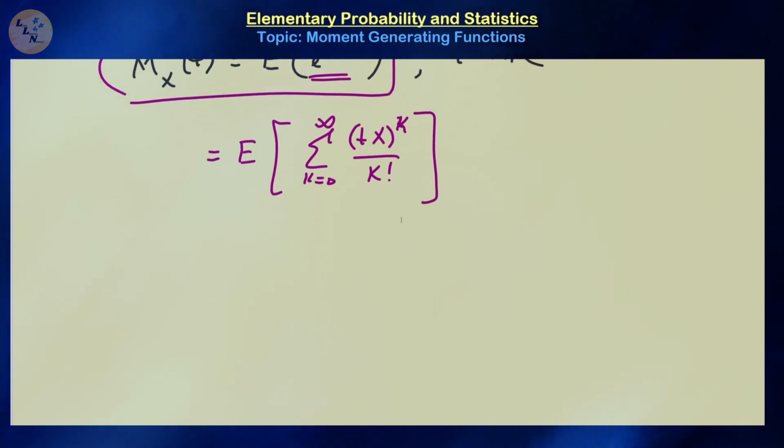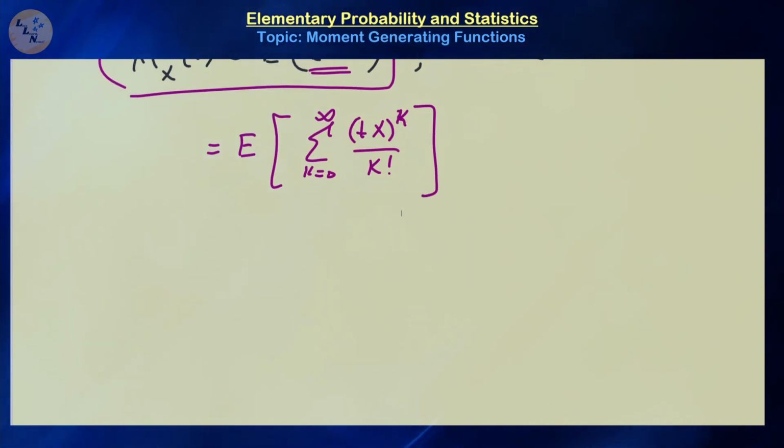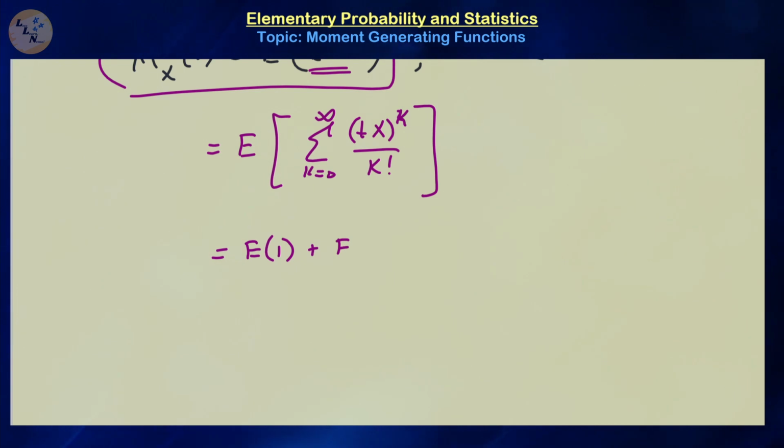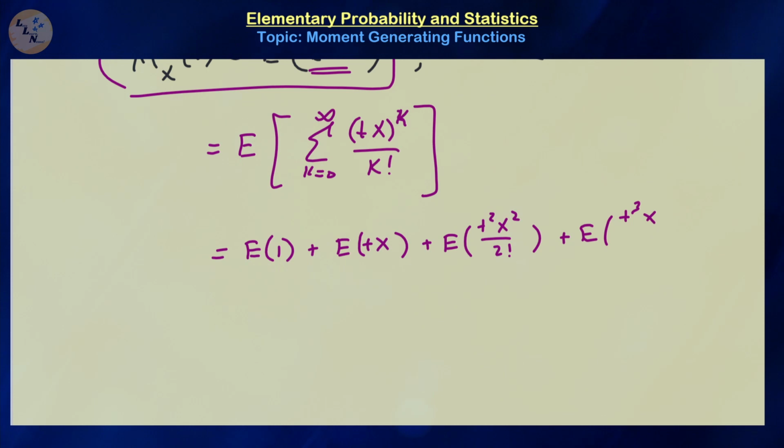And then I can distribute my expected value over my sum, and that's going to be equal to the expected value of 1 plus the expected value of tX plus the expected value of t squared X squared over 2 factorial plus the expected value of t cubed X cubed over 3 factorial plus, and so on.